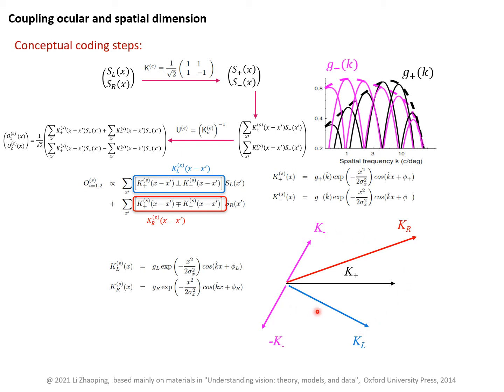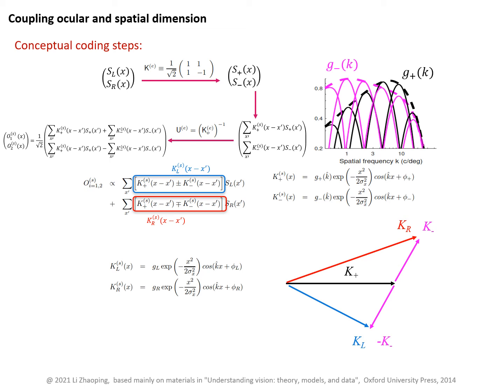And this whole constructing method can also be understood by shifting these two vectors here so that the right eye filter comes from the K plus turning towards K minus, and that's the end result, while the left eye filter is K plus turning this way, to get the final result. We can easily see that for the neural output node O1, it will be the same thing, except that this vector will be for the left eye and this for the right eye. You can convince yourself that this vector construction method is correct mathematically.